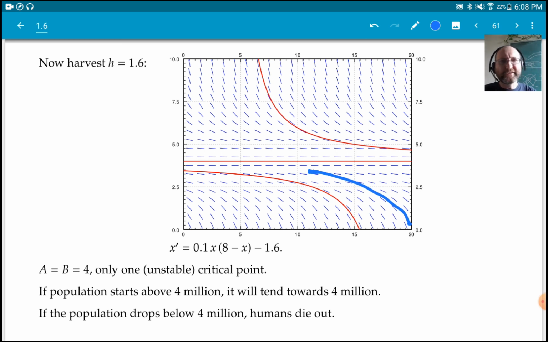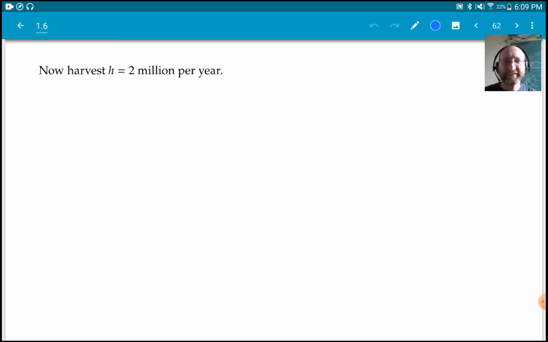Because the moment there's any sort of disaster or something, the population will die out, right? Even if we are slightly above, approaching the equilibrium from above, and then the disaster strikes. We nudge the solution a little bit, and suddenly it goes off, and everybody dies out, right? So this is an unstable critical point. Bad news for those evil aliens as well. Well, bad news for us too.